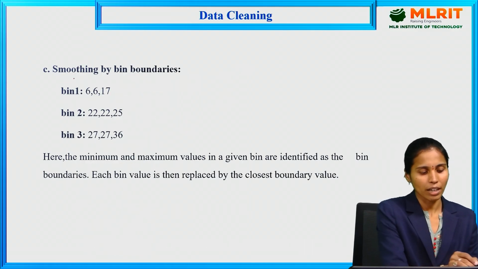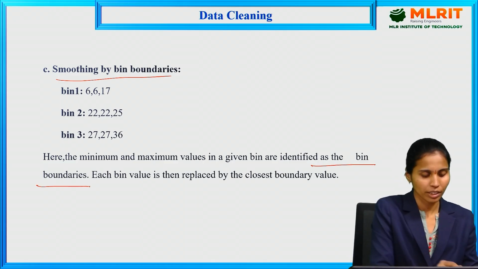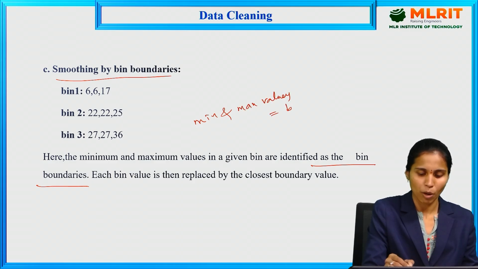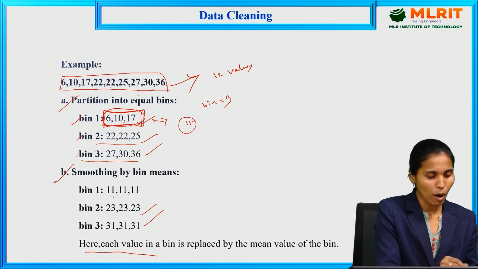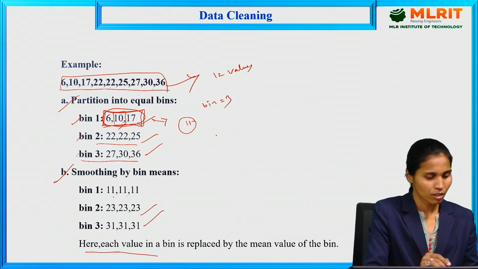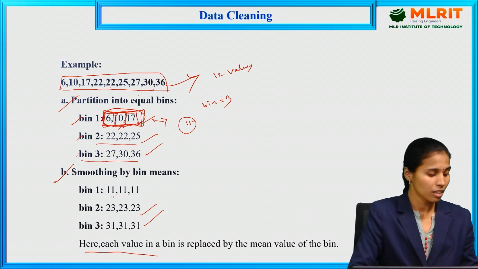Next, smoothing by bin boundaries. Here, the minimum and maximum values in a given bin are identified as the bin boundaries. In the previous example, in bin 1, 6 is the minimum value and 17 is the maximum value.